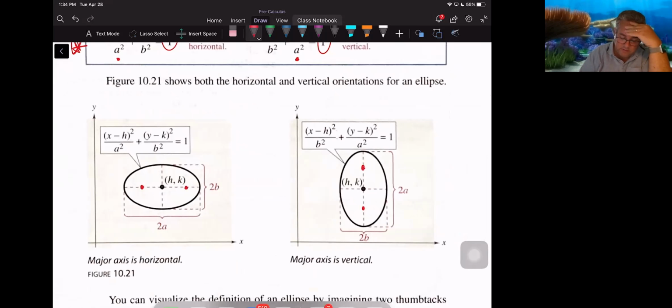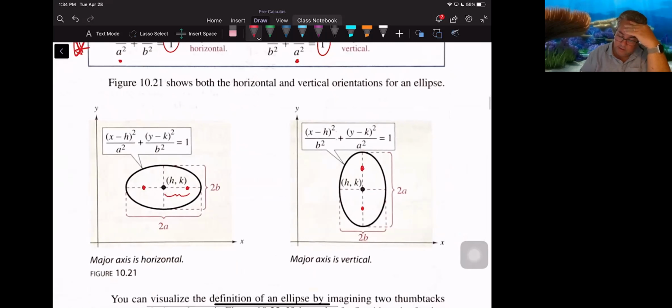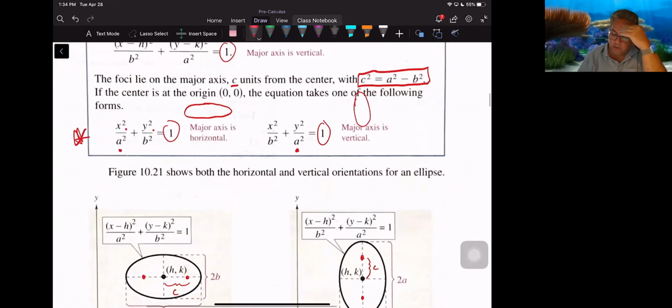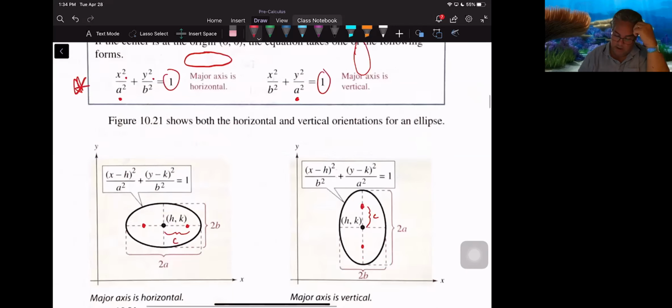This distance from here to the focus is C. So that's how you find the C. You're going to have to learn this formula. C squared is equal to the larger number minus the smaller number, okay? And again, when you see numbers underneath here, just remember that's not the A, that's not the B, that's the A squared and the B squared. All right, let's keep going.